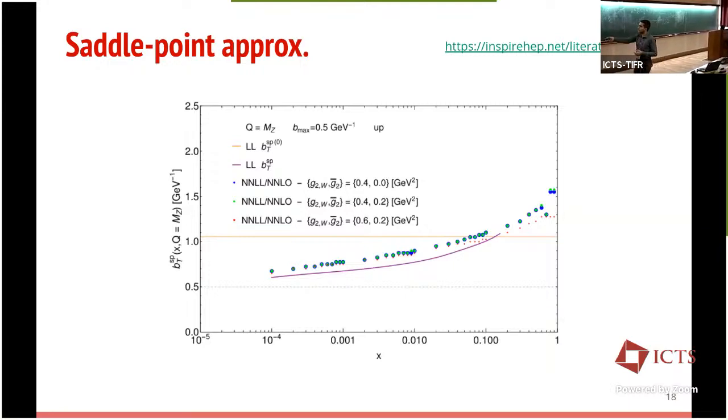As I said before, if you consider higher orders you cannot get an analytic solution, but you do it numerically, and you see that the trend is more or less the same. The different colors of the dots correspond to different non-perturbative parameterizations, and at large x the value of the saddle point differs between them. So it means that the non-perturbative corrections become relevant. It's exactly what we were saying.